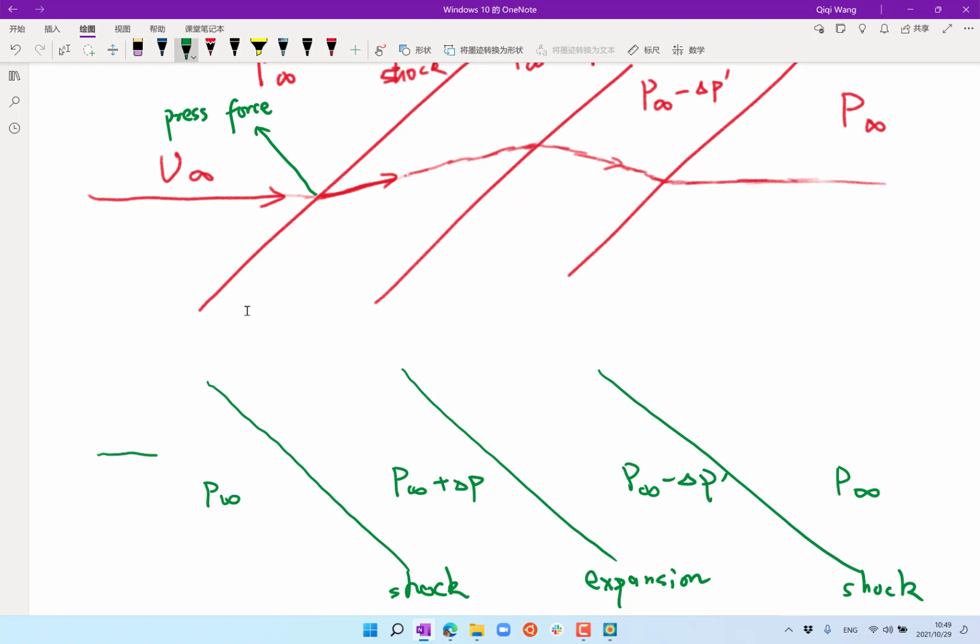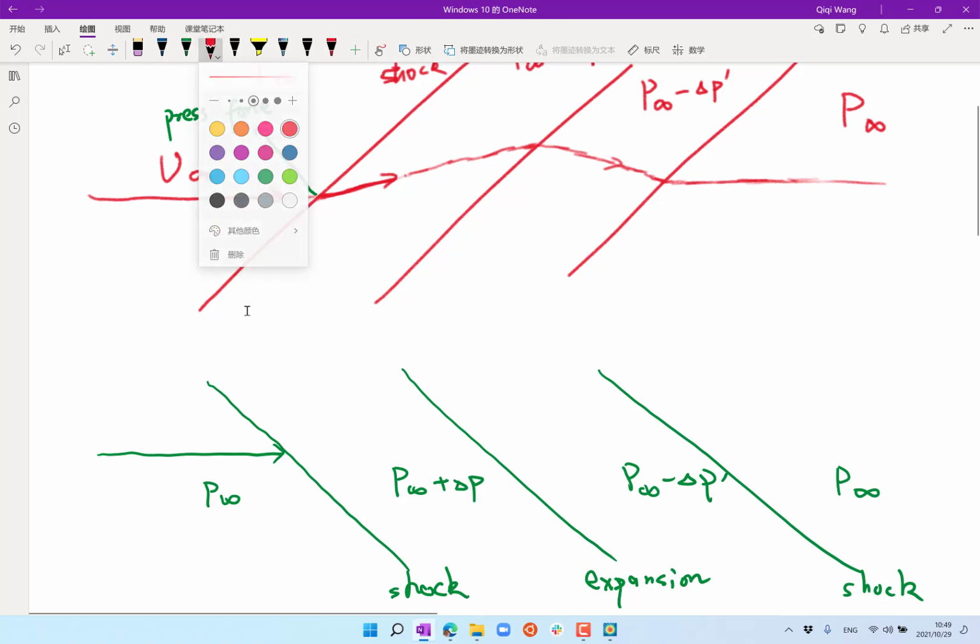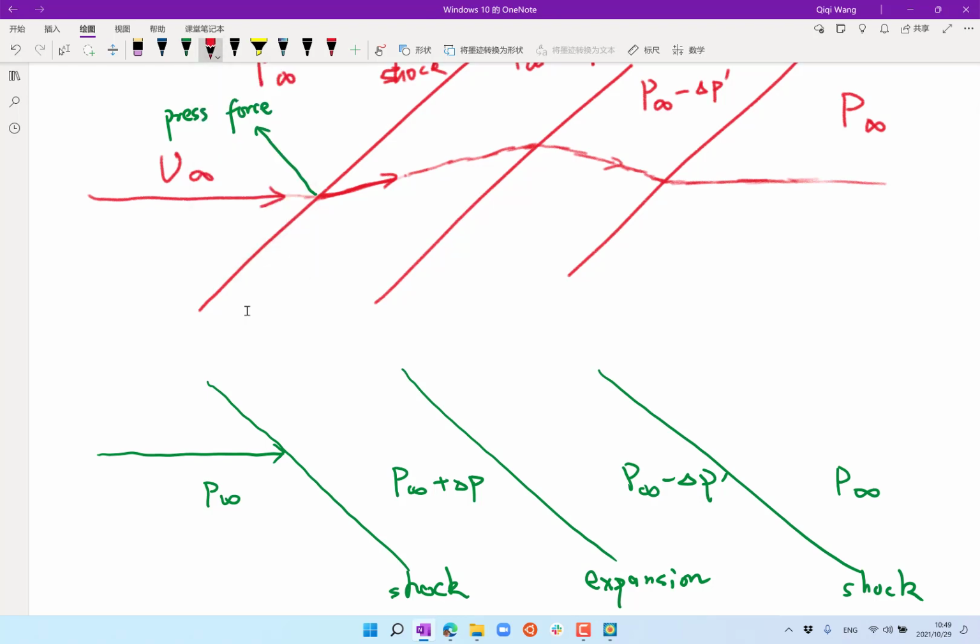As the velocity goes horizontally, what is the force? What is the direction of the force? We're going to see that the direction of the force is again going to be perpendicular to the contours, right? So this is the pressure force.